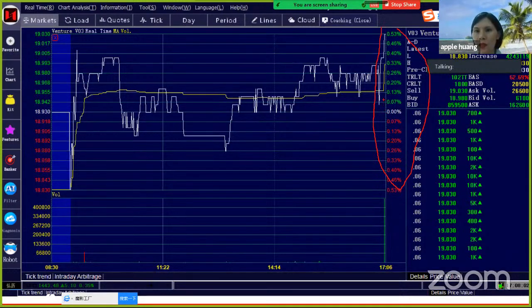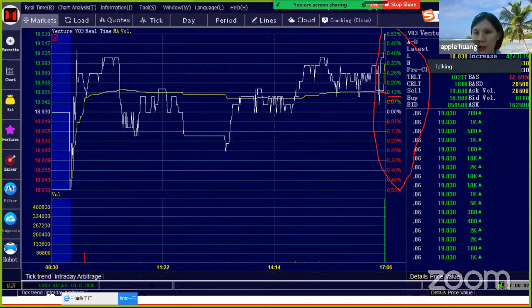So the present price, for example, here, 0.13%. That means if the share price moves to here, then it moves up by 0.13%.